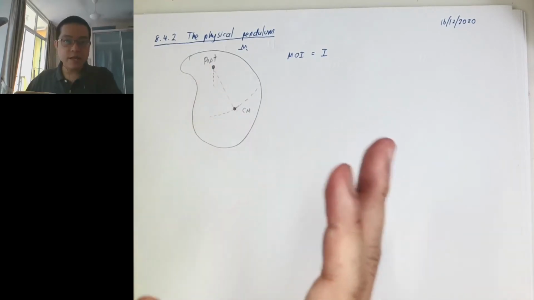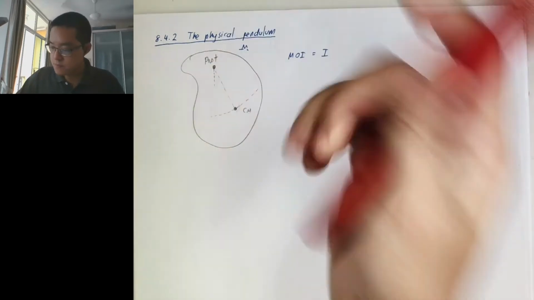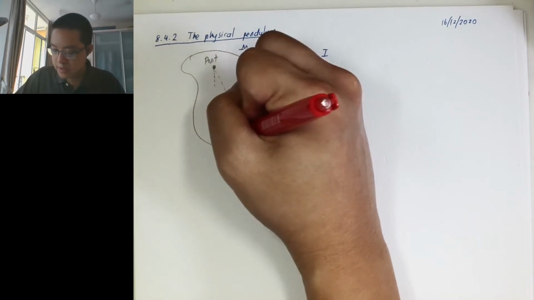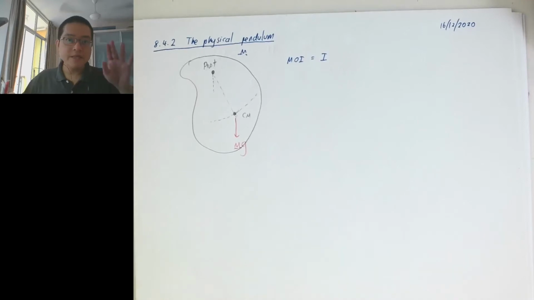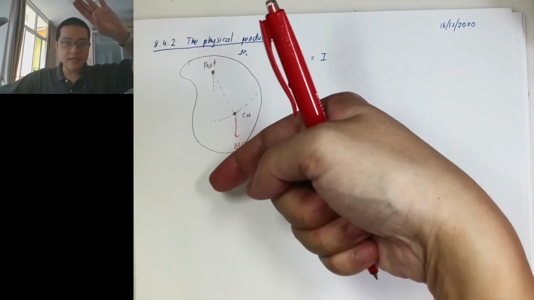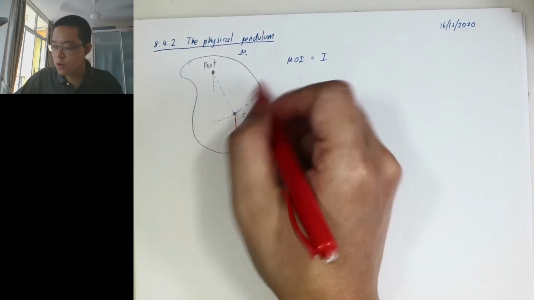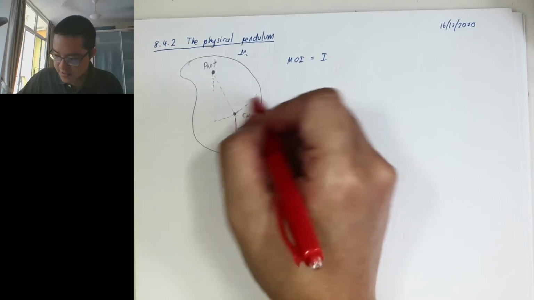For this object, there is only one external force, and that is the weight, mg. And then what I really want for the pendulum, just like last time, is to study the component tangential to the orbit, tangential to the circle.